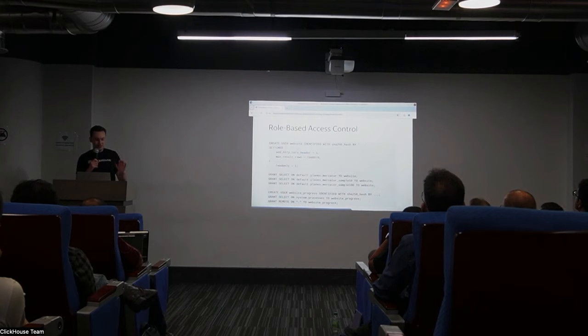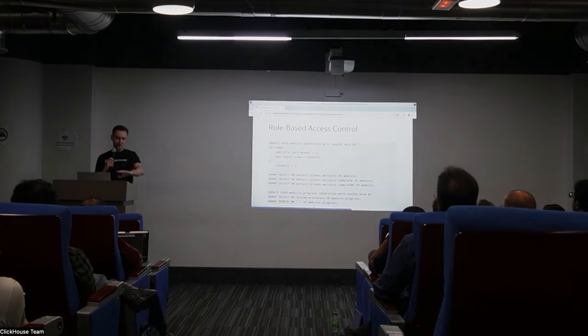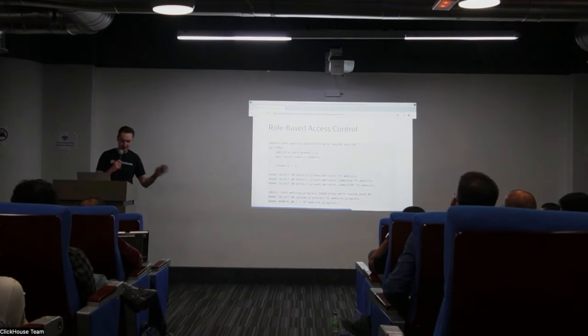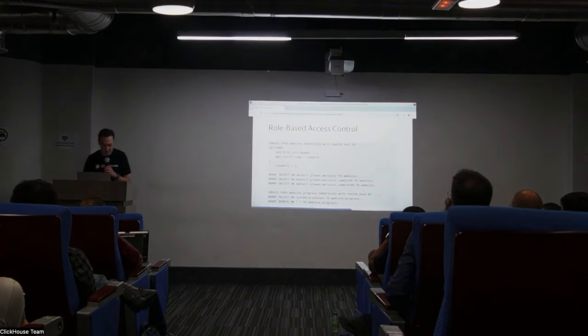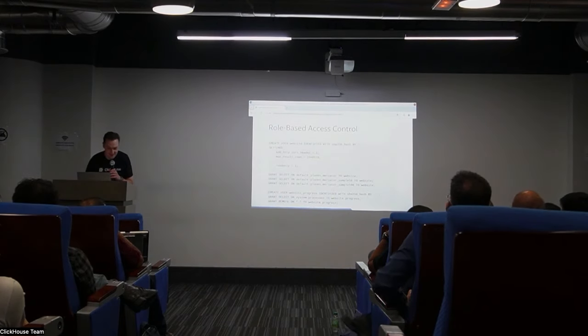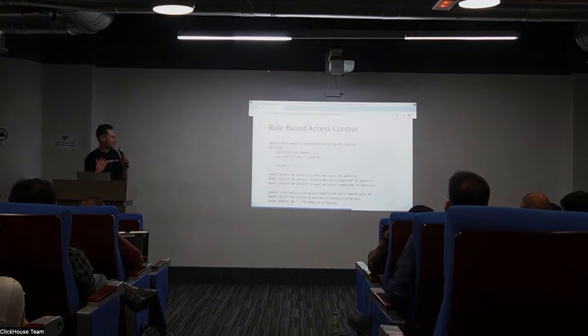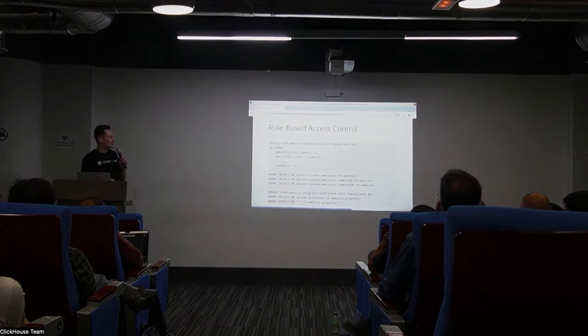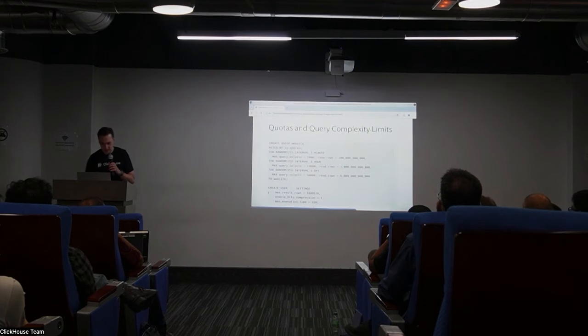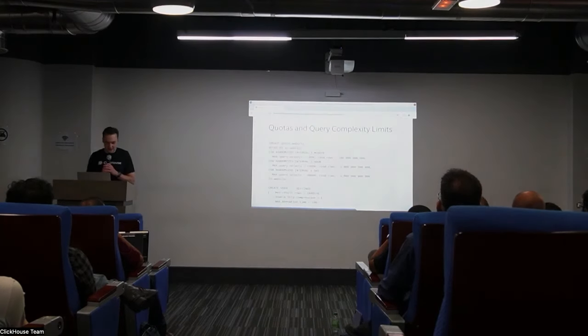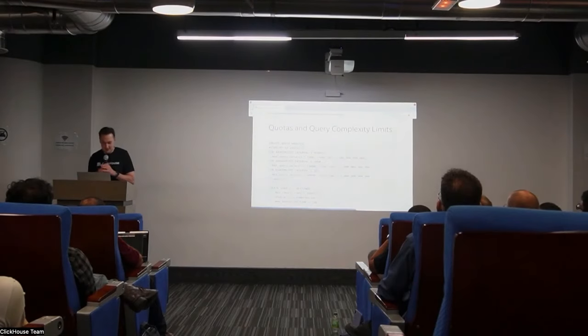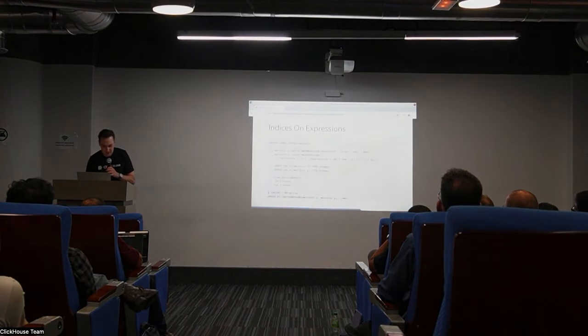So you can safely put ClickHouse open to the internet if you configure it correctly. And I configured it correctly. It even survived being in first place on Hacker News. Okay, quotas and query complexity limits, I already explained.